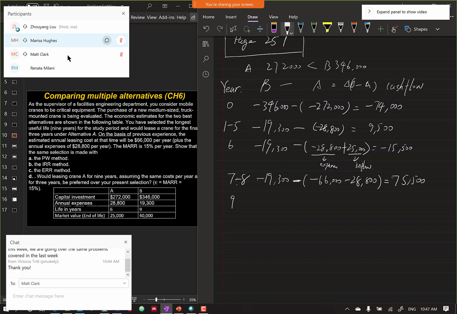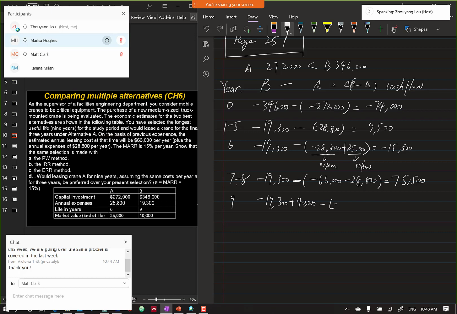Okay, and then at year 9, same idea. For project B, we still have the annual expenses, but this time we will have the market value for B, and that will be plus 40,000. And for A, the same thing happens as in year 7.